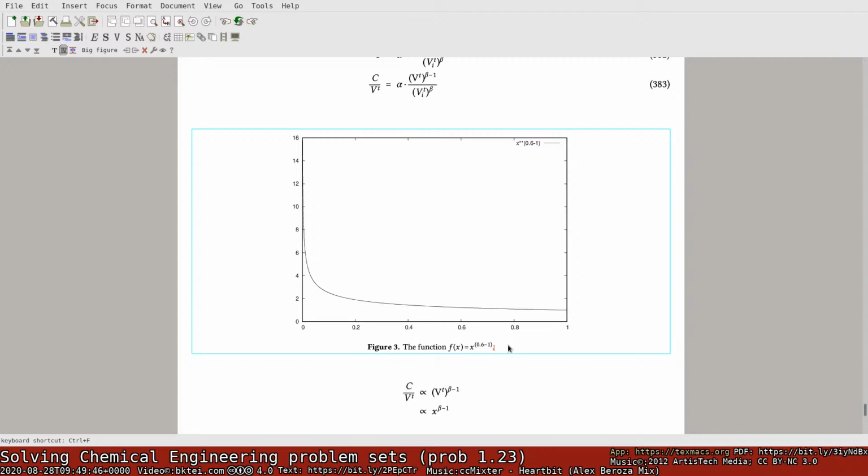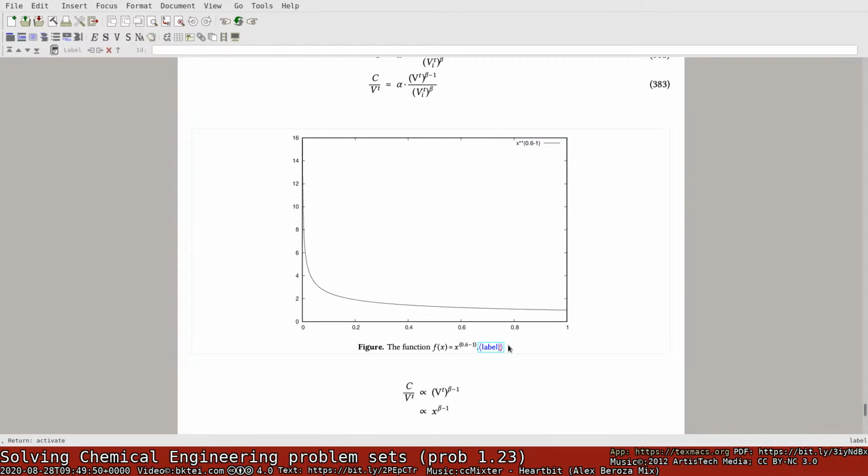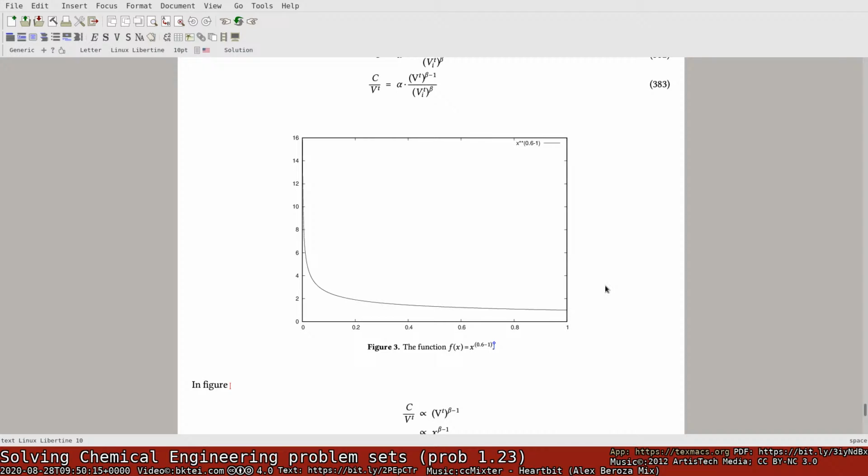I wonder if I can do the same thing with a number. Meta shift exclamation mark. Problem 23, figure 1. Figure, let's see if that works.